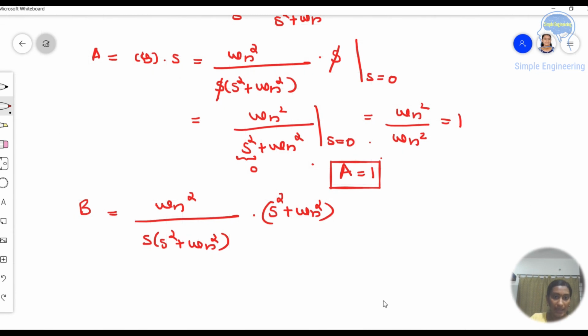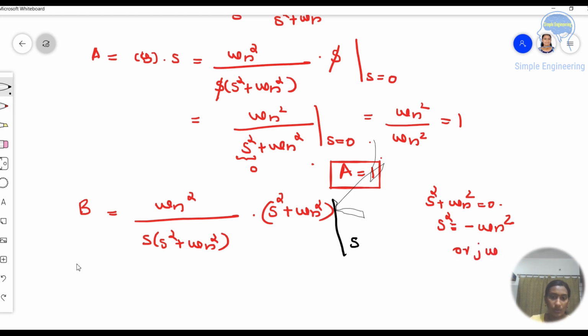So you multiply that, and set S square + omega n square equal to 0. So S square will be minus omega n square, that is S equals j omega n. At S square equal to minus omega n square, the S square + omega n square terms get cancelled.